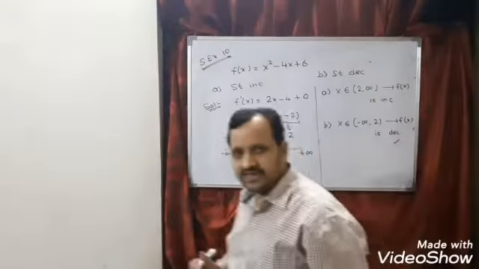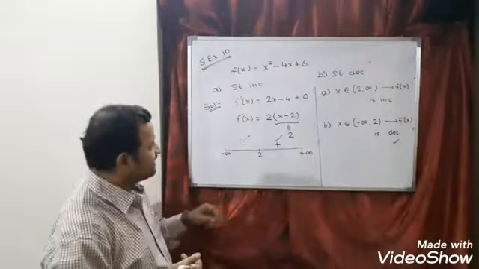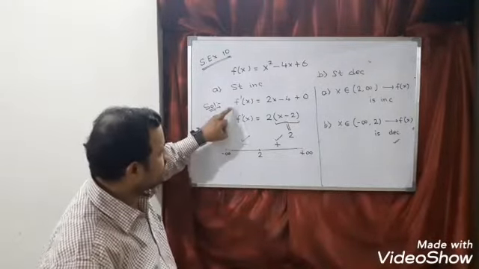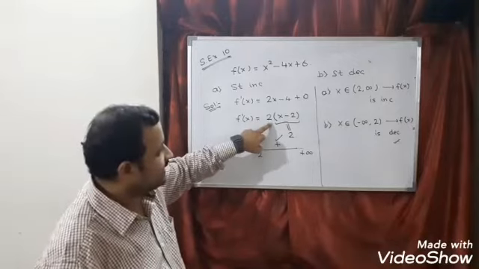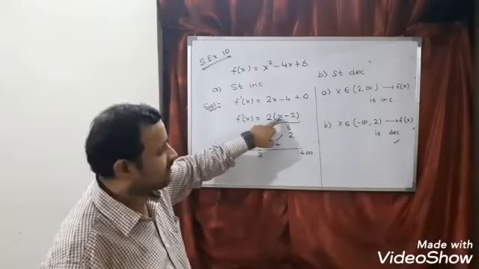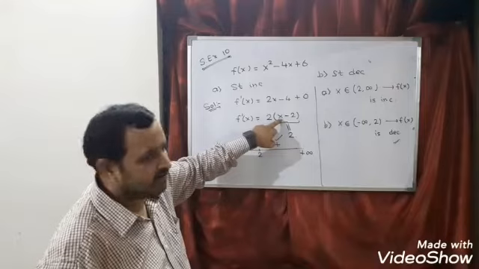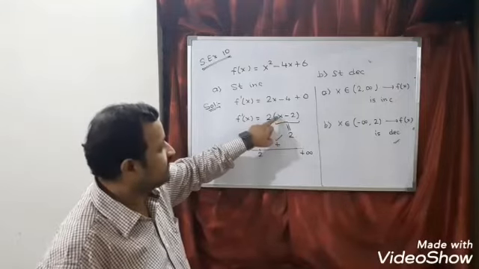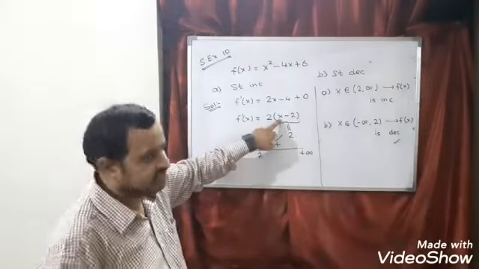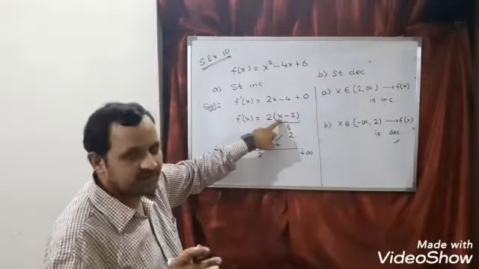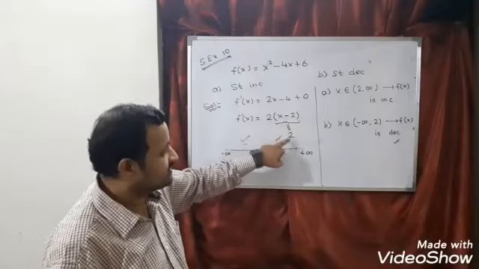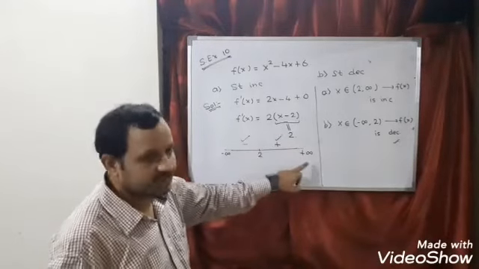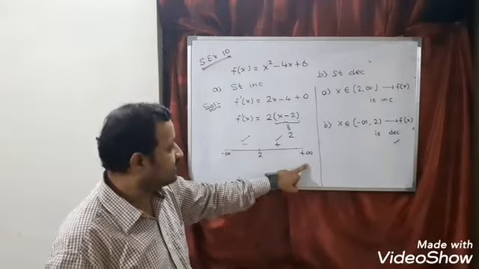So what we did here is we applied the working step. So what is the working step? Find f dash x. Next, break it into linear form. So degree of x is already in linear form. Third step, coefficient of x should be positive. It is already positive. Next step, find the critical point of this term, which is 2. Plot all the critical points on the number line in increasing order.